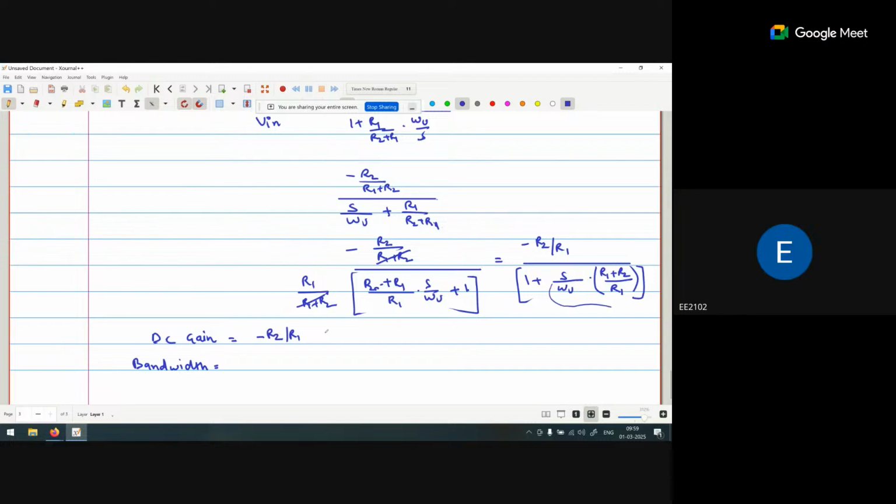This is the bandwidth: omega U times R1 upon R1 plus R2. Okay. And I think the professor used something different.